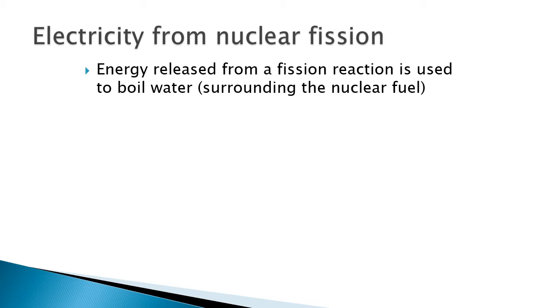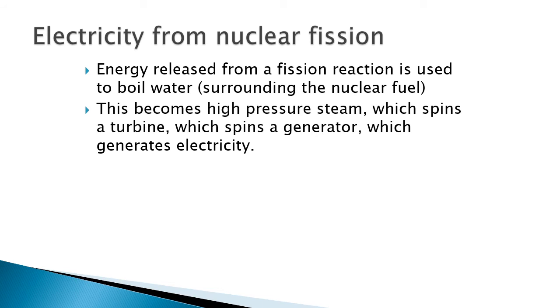If you think about it, it's a very similar process to burning gas, oil, or coal. We use it to heat up water, and we use this boiling water to turn a turbine. This high pressure steam spins the generator, which we talked about last unit, where a coil of wires moving through a magnetic field makes electricity.